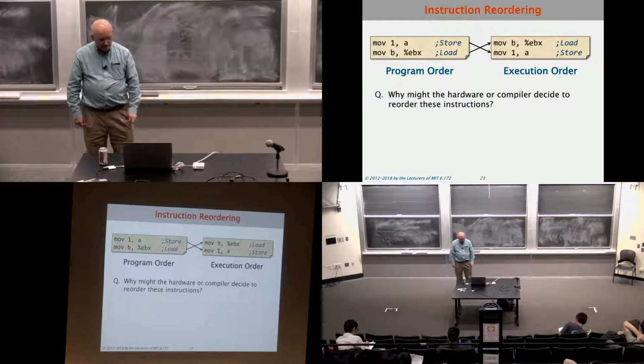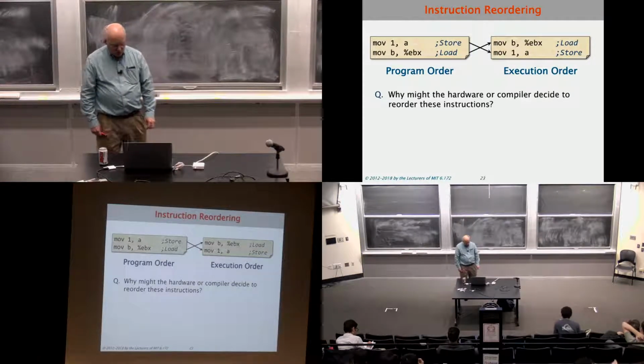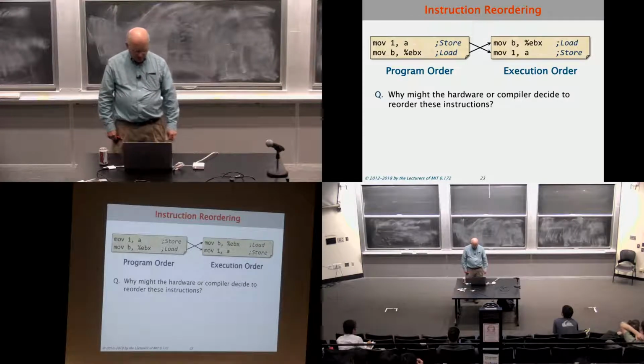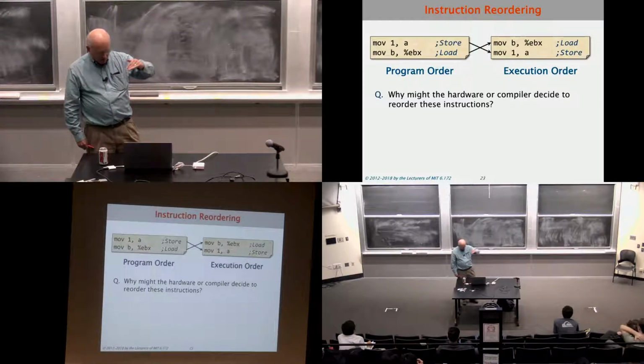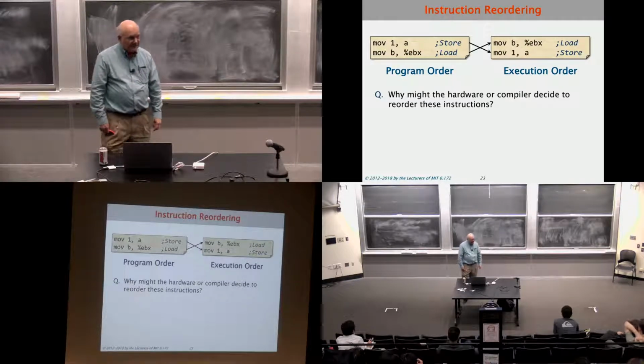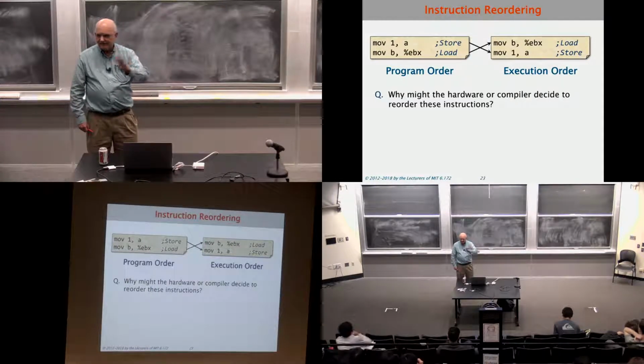In the first case, I'm doing a store and then a load. And in the second case, I have reversed the order to do the load first. Now, if you only had one thing going on, what's the impact of this reordering? Is there any reason the compiler couldn't reorder these?